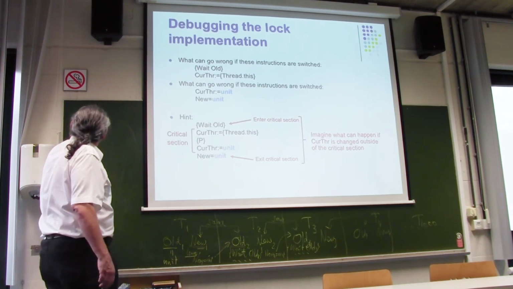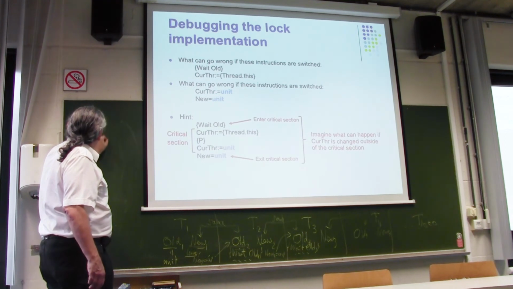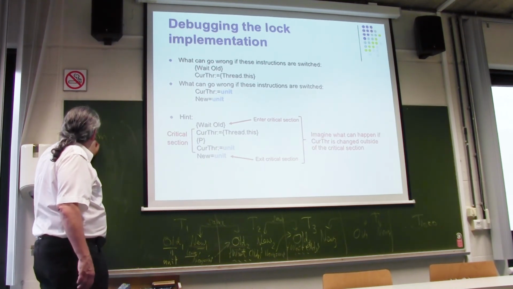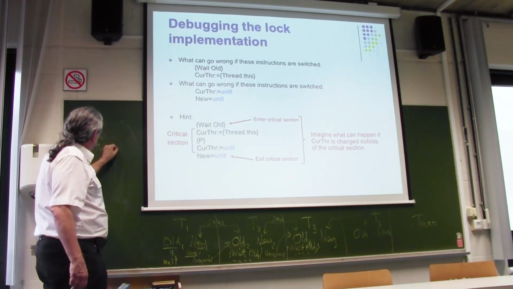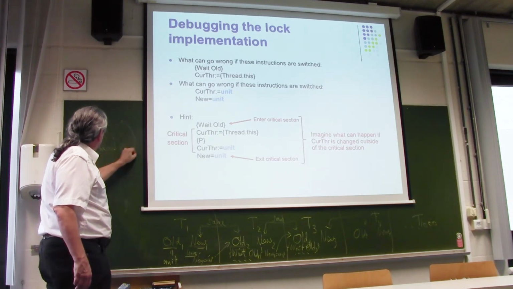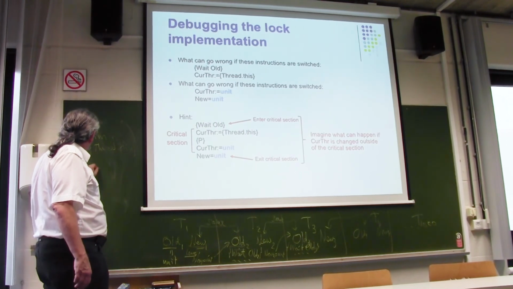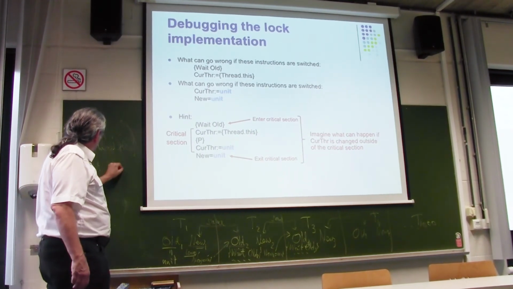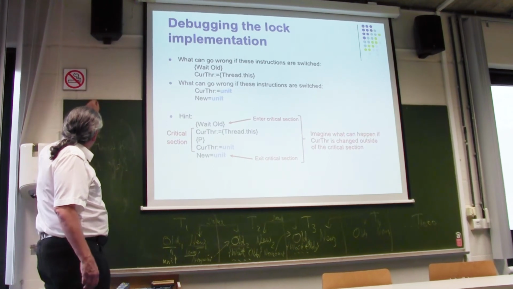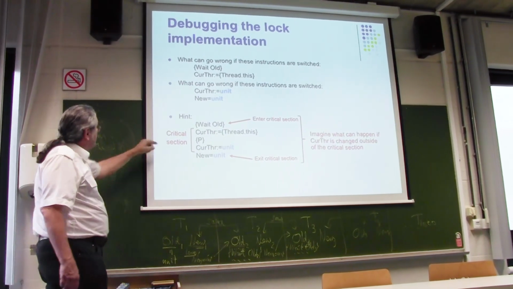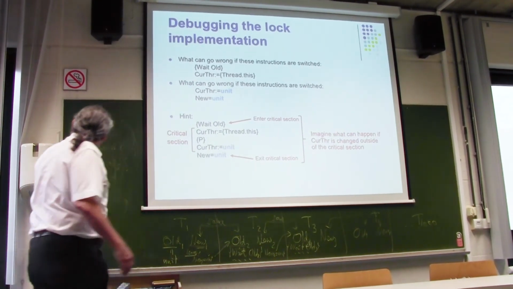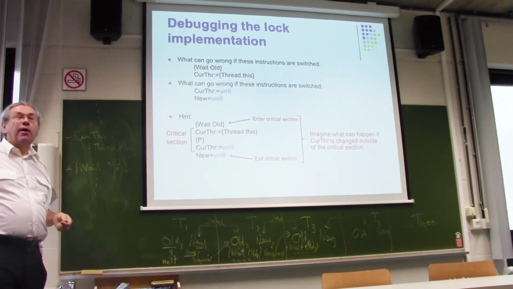That means I first do current thread is equal to thread.this, and then I do wait old. I do it in this order, okay? So I'm switching these two. So what can go wrong now?